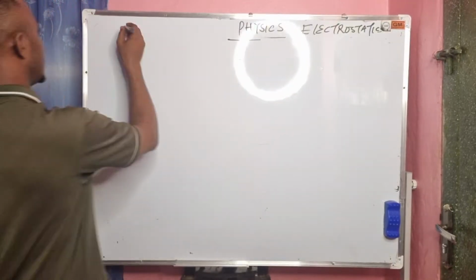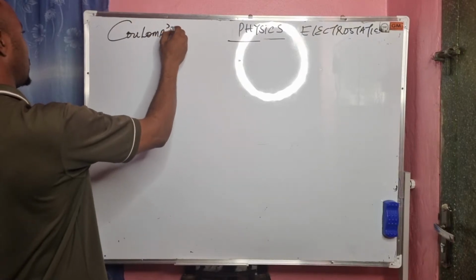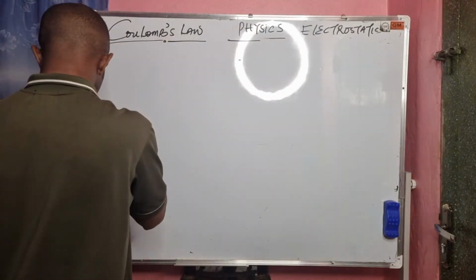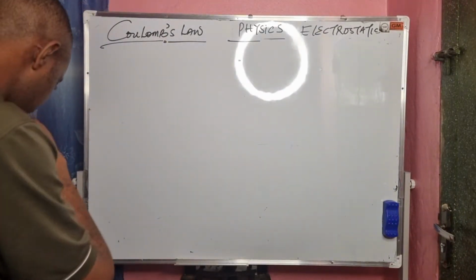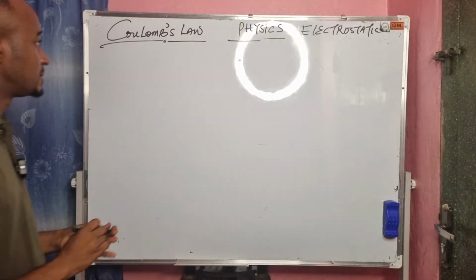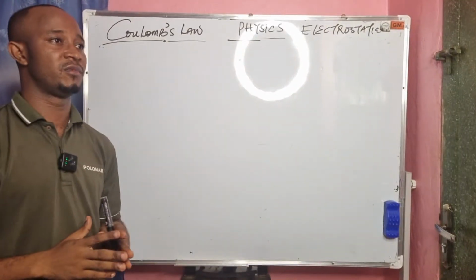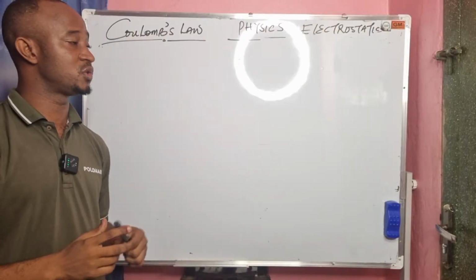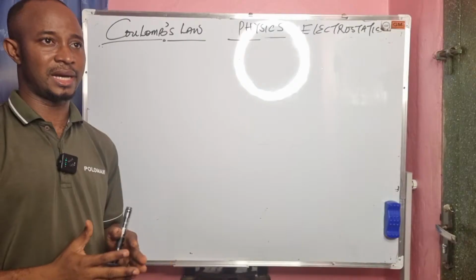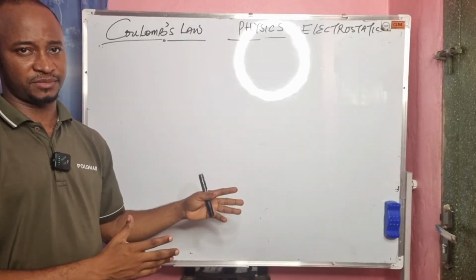Okay, so let's look at Coulomb's law. All right. Now listen. Coulomb's law is a law between the force of attraction or repulsion between 2-point charges, like we saw between the comb and a piece of paper, right?